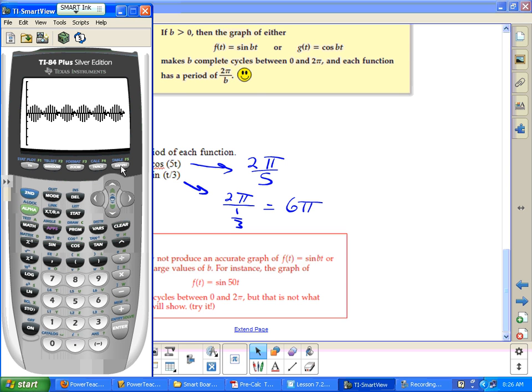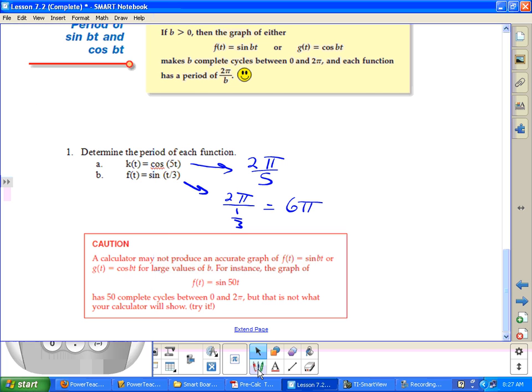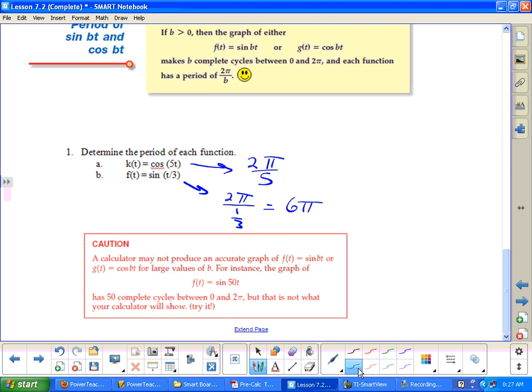What does that 50 mean? We're compressing it by 50, which means there are 50 cycles in that space. That means in this little area right here, this graph is going to go like that 50 times.